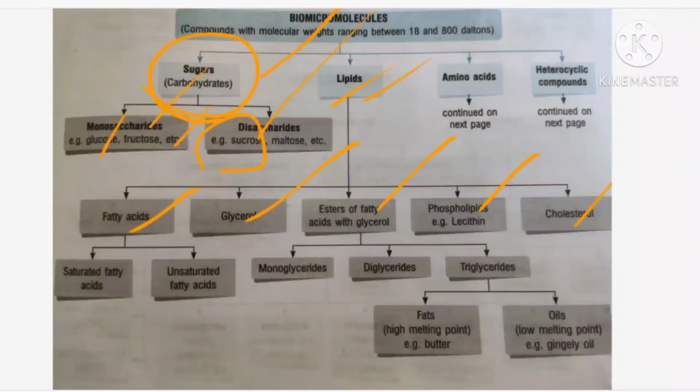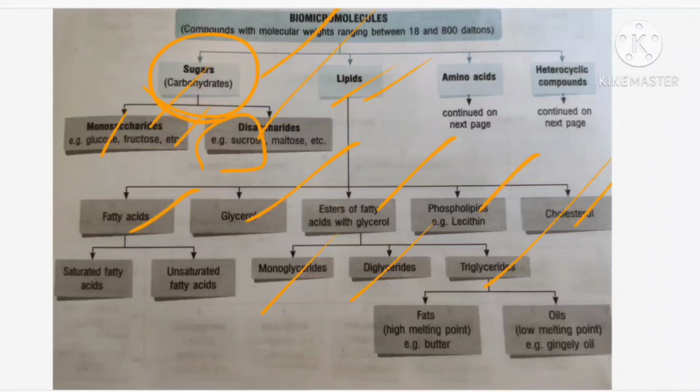Next is esters of fatty acids with glycerol, meaning they have an ester group, like a ketone structure, a functional group, isn't it? Ester is one functional group, aldehyde is one functional group, like that esters of fatty acids are present. In that it can be categorized into 3 main categories. So what are they? One is monoglycerides, second one is diglycerides and third one is triglycerides.